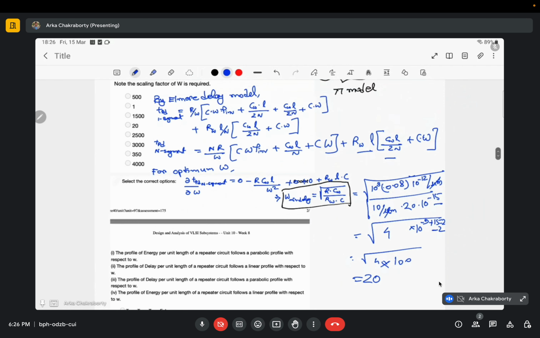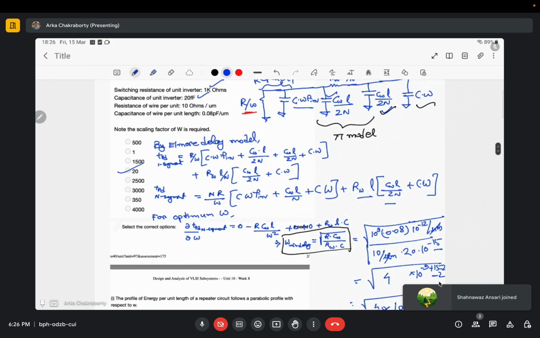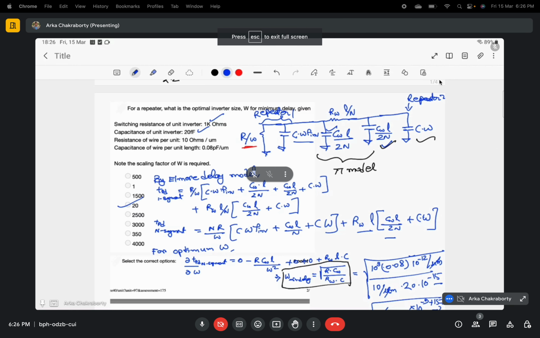So is 20 the answer? Yes, 20 is the answer. So we can see the optimal inverter size W is 20. Okay, hope that's clear. Does anyone have any confusion?